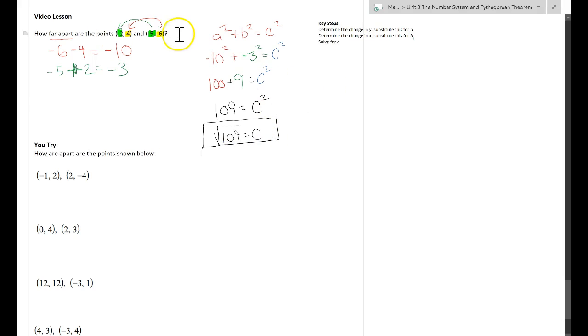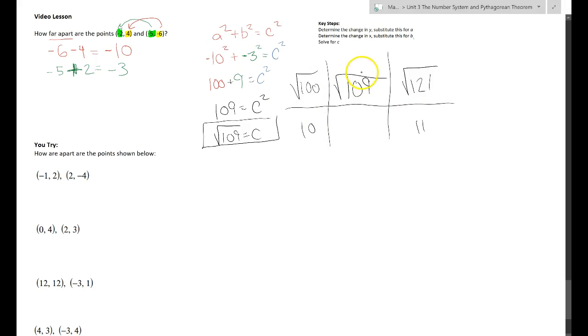But let's say the instructions up here didn't say that. Let's say the instructions up here said how far apart are the points -2, 4, and -5, -6, round to the nearest tenth. Well, then I have to do some estimation. And doing a quick callback to what we've done before, I'm going to say 109 is between the square root of 100 and the square root of 121, which is 10 and 11.